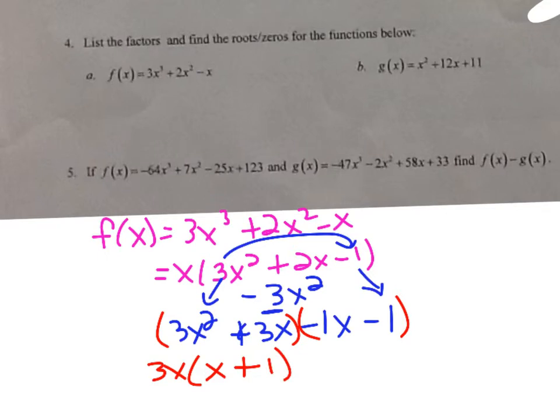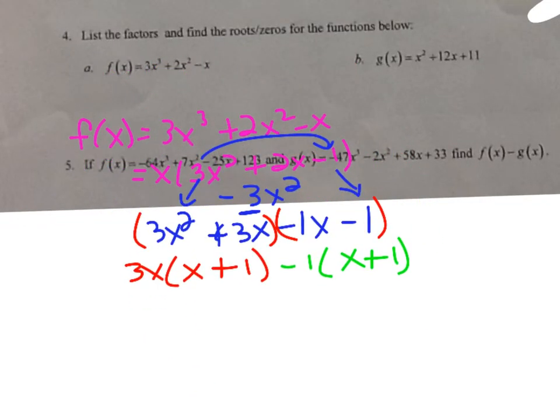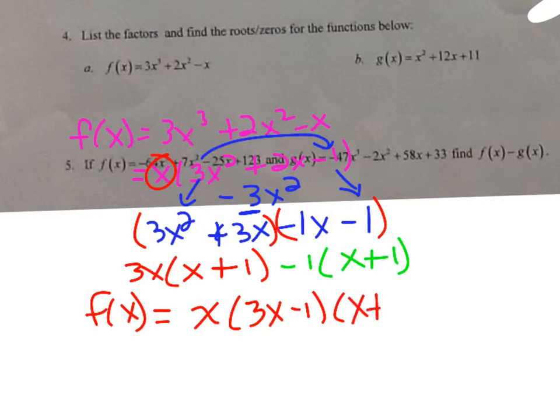The GCF of the second group is negative 1 times x plus 1. So my factors for f of x, remember we have the GCF that we took out. So f of x, these are my factors, is equal to x times 3x minus 1 times x plus 1. So remember, these are my factors.